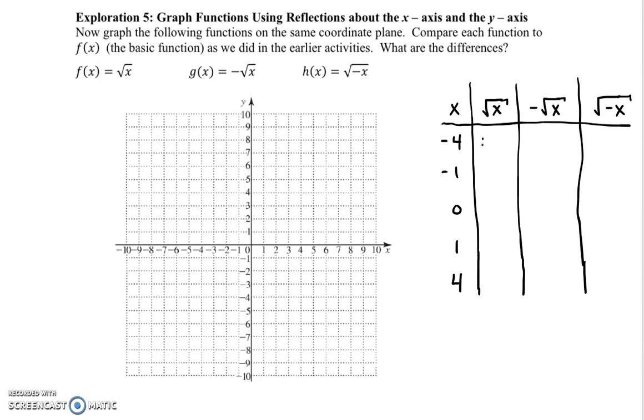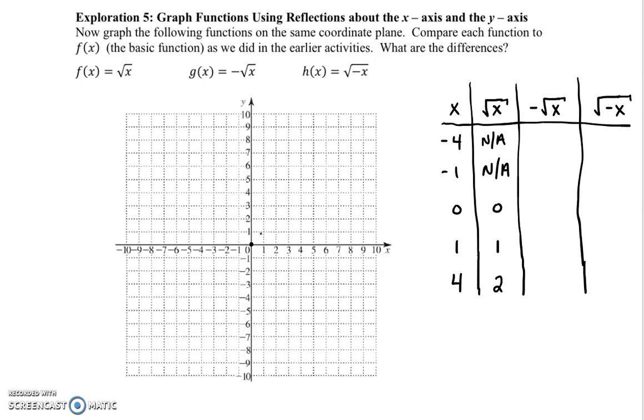So we cannot put -4 in for just the plain old square root of x, nor can we put -1 in. But we can put in 0, 1, and 4. If we put 0 in, we get 0, 1 is 1, and 4 is 2.